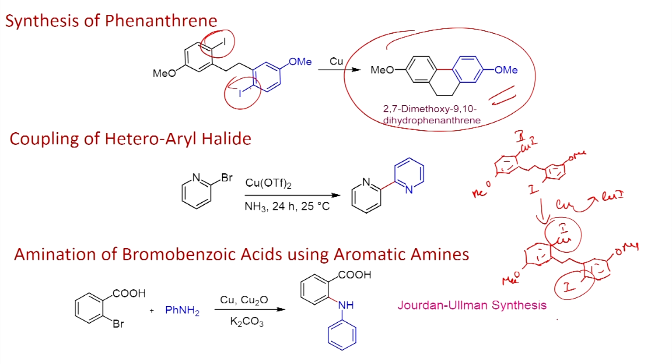You will have this intermediate copper(III), which can give the product by reductive elimination. You can get this compound, and you will be able to generate copper iodide.